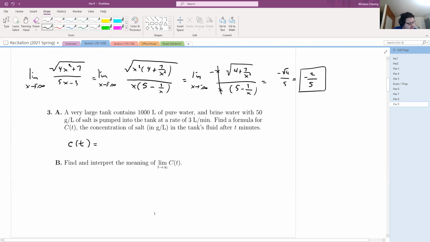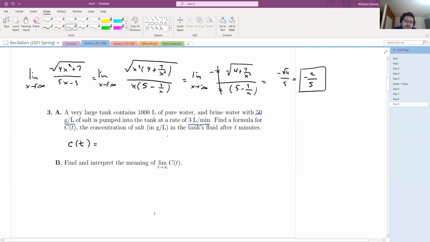How did I answer this? Okay, so there's a bit of a unit conversion. The rate that is being pumped in is 3 liters per minute, and the brine water is actually 50 grams per liter.